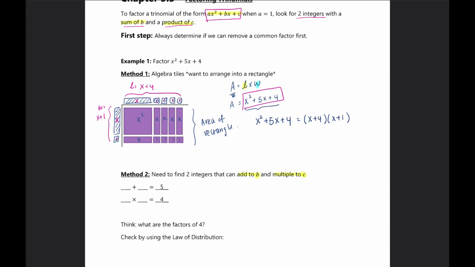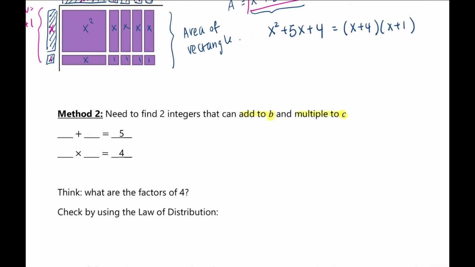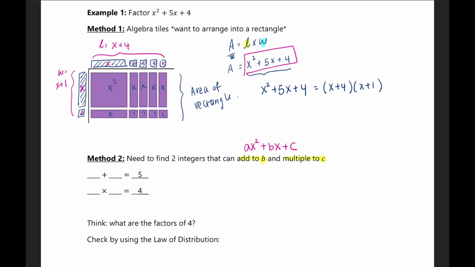So I'm just going to write that form down here. We have ax squared plus bx plus c, and our expression is x squared plus 5x plus 4. So you can see that our b is 5 and c is 4.